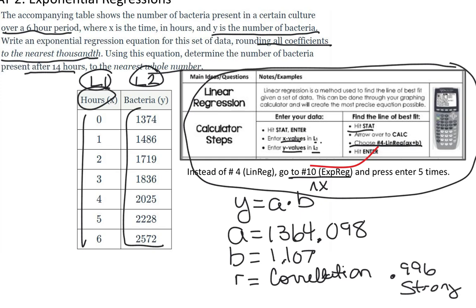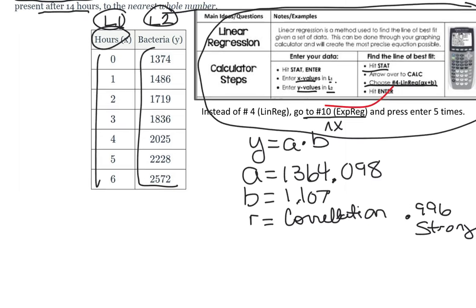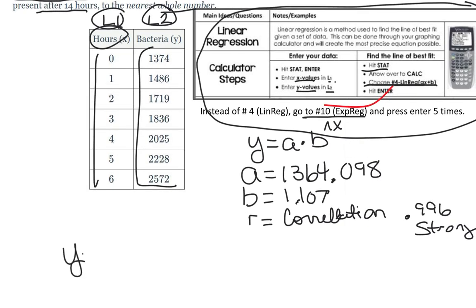Okay, so now I can write my equation. y equals 1364.098 times my factor. It's the whole thing. You don't have to worry about rate or anything.